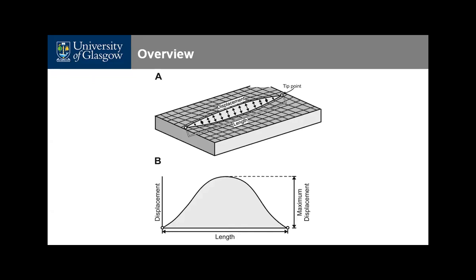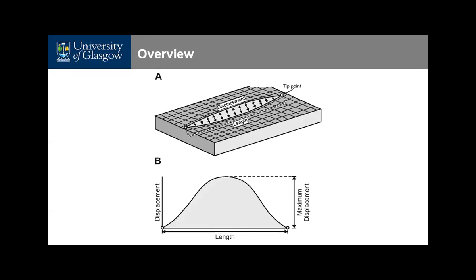Okay, so overview. I'm sure this is going to be quite basic for all of you, but just in case not, when we think about normal faults, we take two measurements, or you could take many measurements, but the ones that I'm thinking about are length and displacement, or sometimes length and throw. So if this was our extensional fault, it would be going down this way.